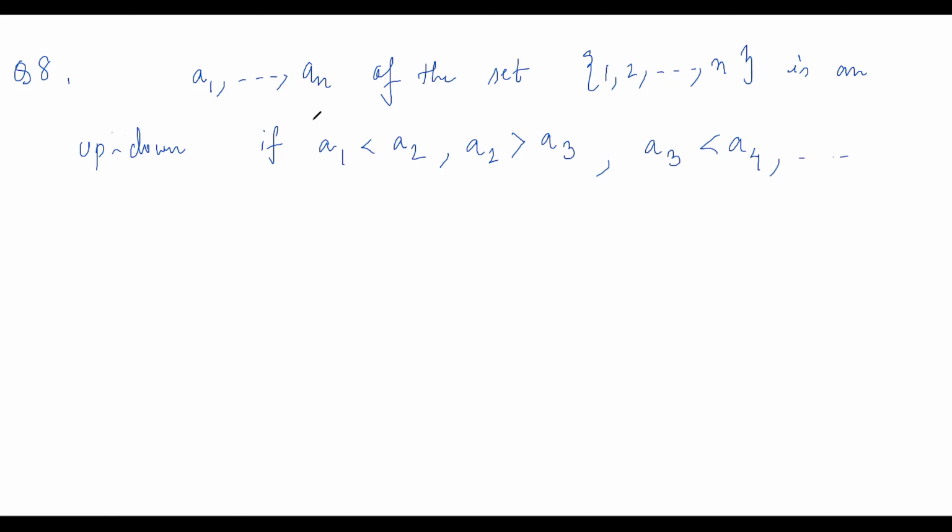And again we'll say a permutation a1 a2 dot dot dot an from the set 1 to n is a down up permutation if a1 is greater than a2 and a2 is lesser than a3 and a3 is greater than a4, and so on. Now in the problem it was asking about alternating sequences of length 5.